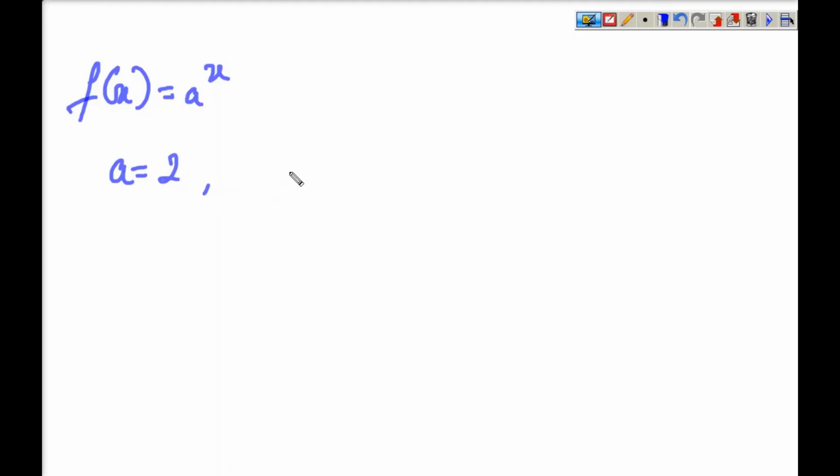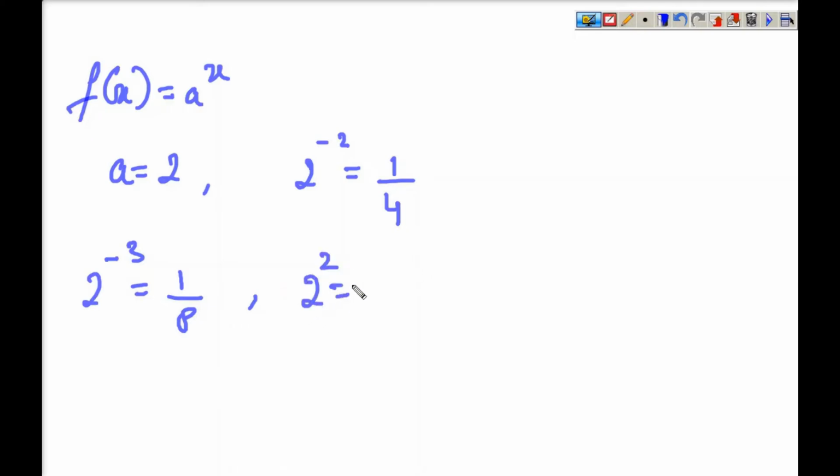Let's start with negative x, so we have 2 raised to the power minus 2, which gives us 1 by 4. And if we increase it, 2 raised to the power minus 3 gives us 1 by 8. So let's say x is positive, so 2 raised to the power 2 is 4, and similarly 2 to the power 3 is 8.